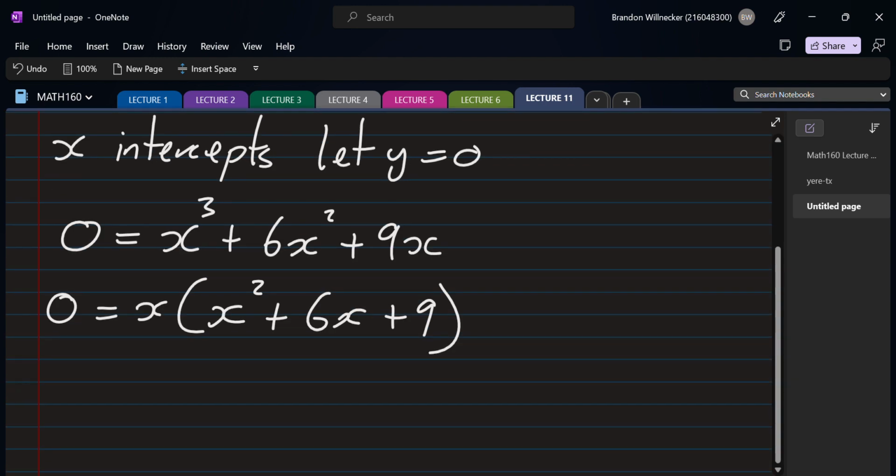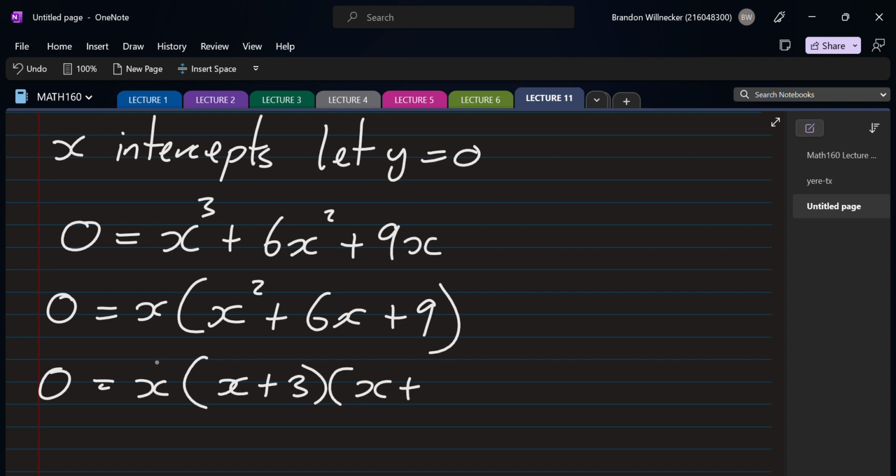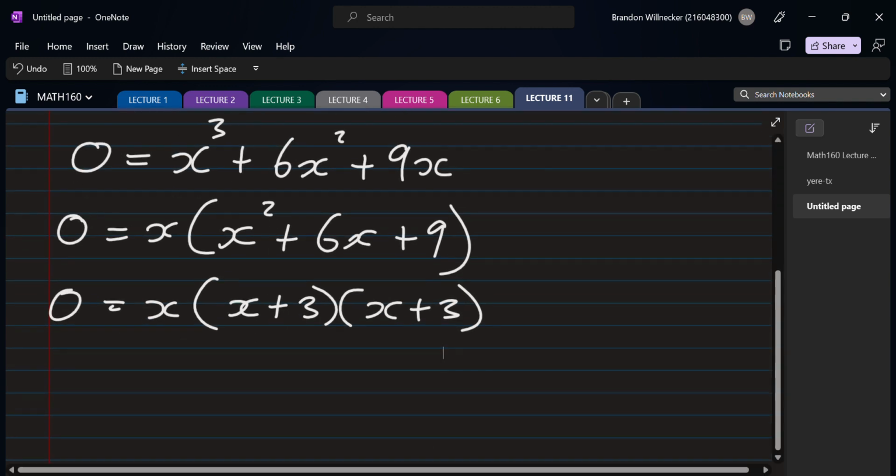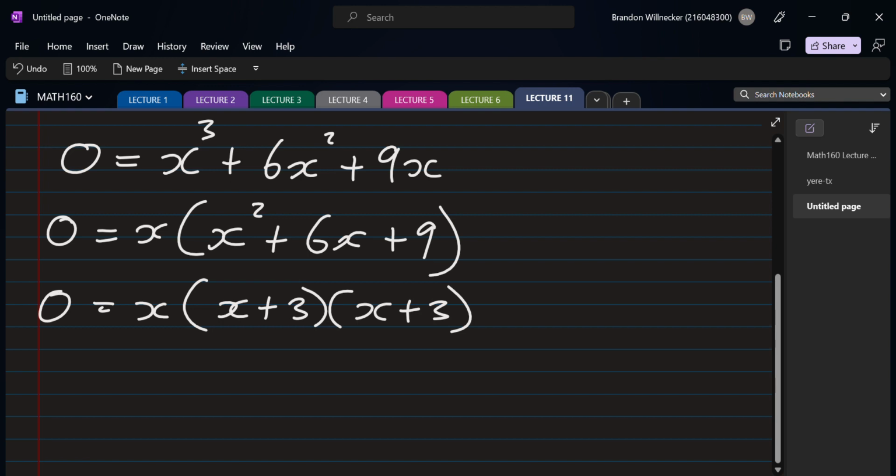Okay, now we've done this x bit, so now we're left with a quadratic. We need to factor the quadratic. So this will be x plus 3, and then we have another x plus 3. You could write this as x plus 3 all squared, or you can write it as 3 individual terms. That's up to you, right? That's your preference.